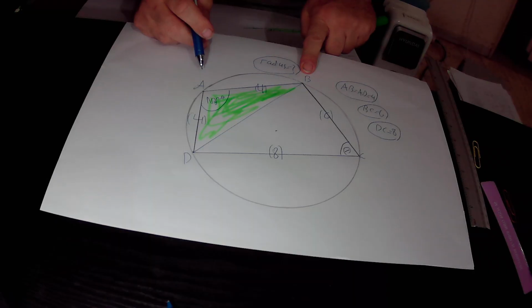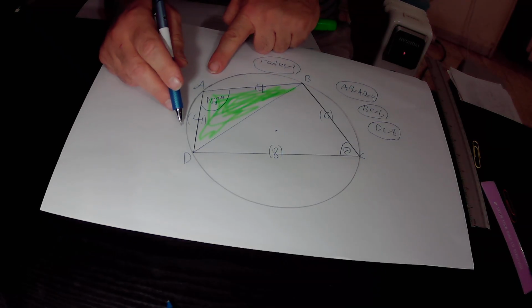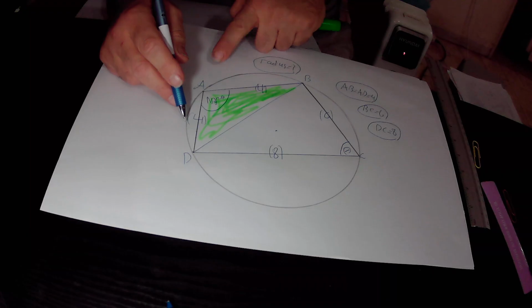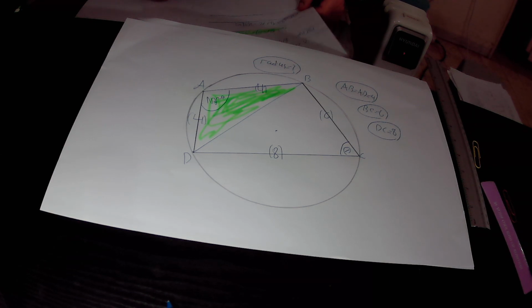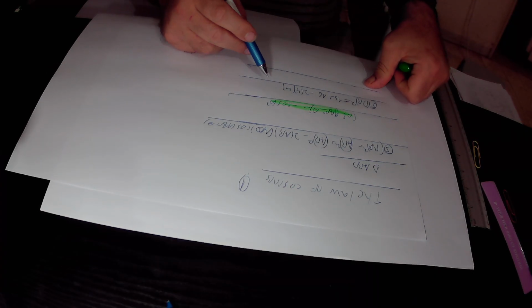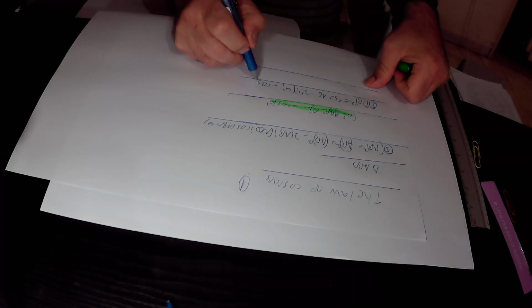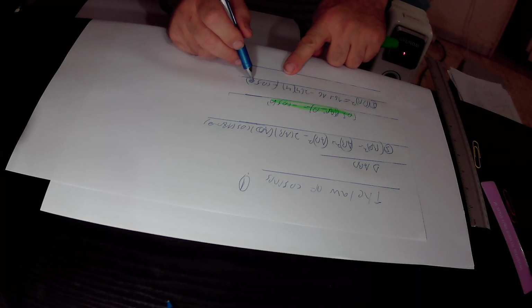AB is 4, therefore AB squared is 4 squared, that is 16. Plus AD squared. AD is 4, therefore AD squared is also 4 squared, that is 16. Minus 2 times AB, which is 4, times AD, which is also 4, times cosine 180 degrees minus theta. And cosine 180 degrees minus theta equals minus cosine theta. So here we have minus times minus is plus. So this expression is a positive expression.